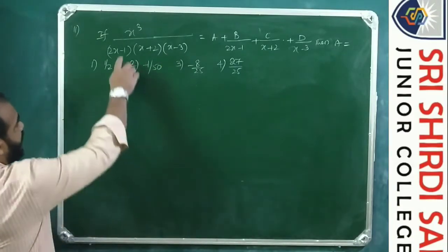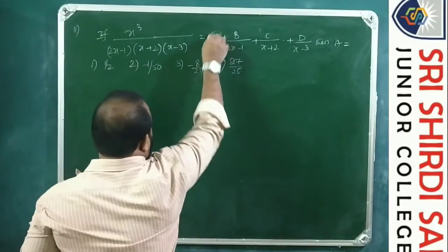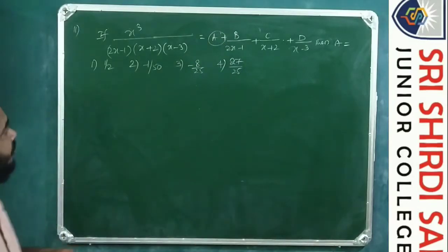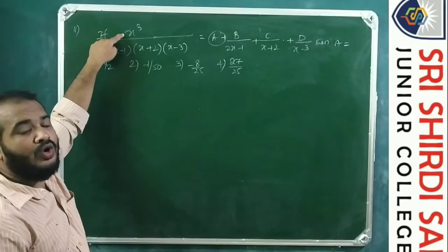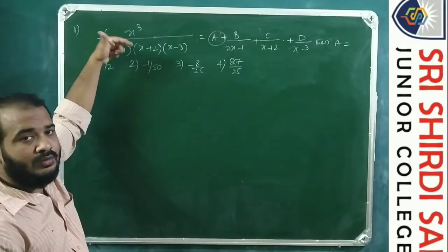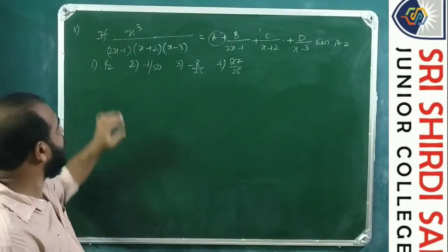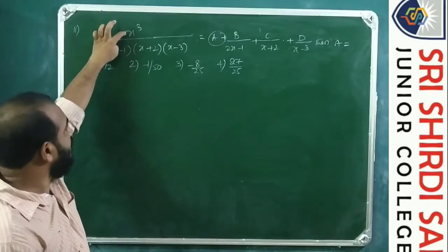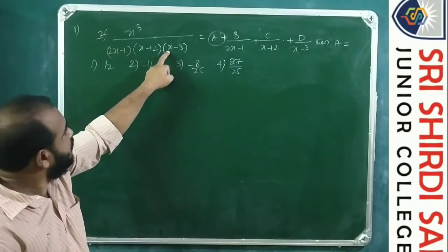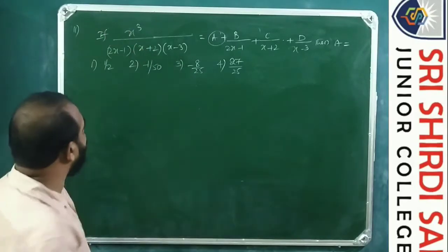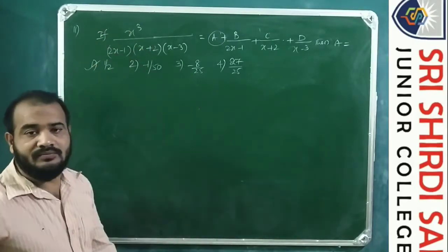So here the constant we will be getting by the quotient of the coefficient of the highest degree term in the numerator and denominator. Here the x cube quotient is 1. Here 2x into x into x, 2x cube, the x cube quotient is 2. So 1 by 2, the option is 1.